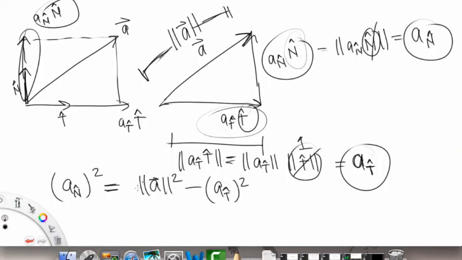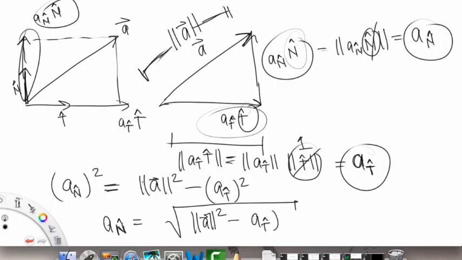This is like a squared plus b squared equals c squared, just rearranged a little, a squared equals c squared minus b squared. And if you want to solve for the normal coefficient, you would just take the square root. So I'm throwing out formulas and relations that you could use to solve for certain things when you're decomposing the acceleration vector.